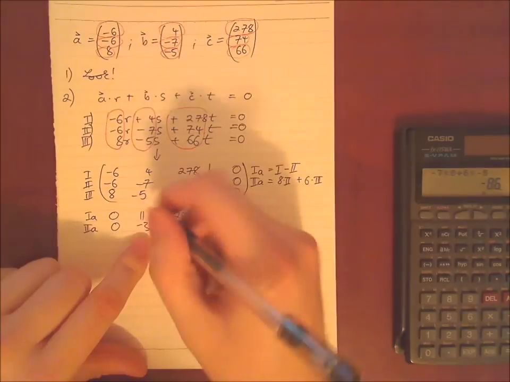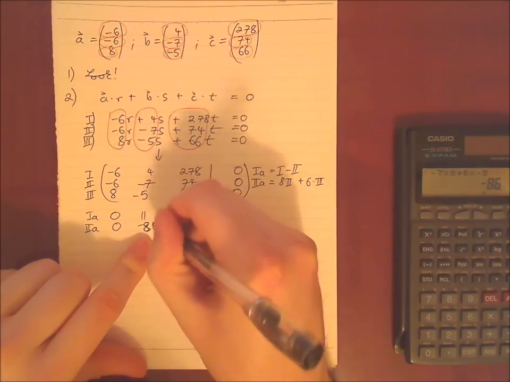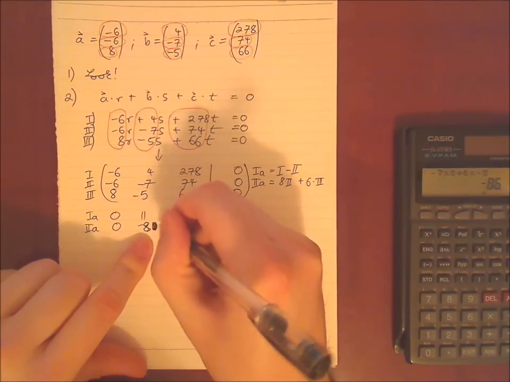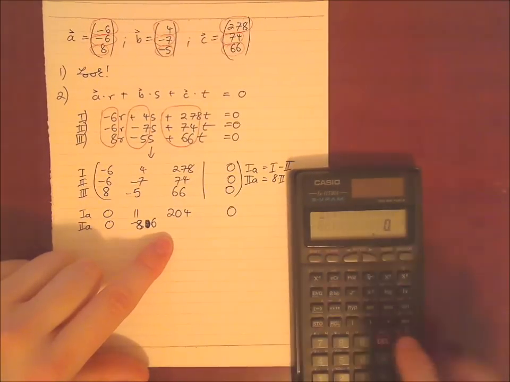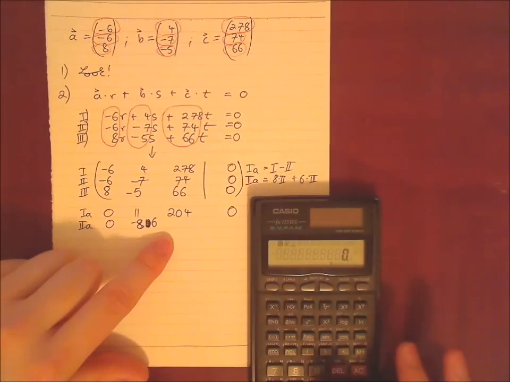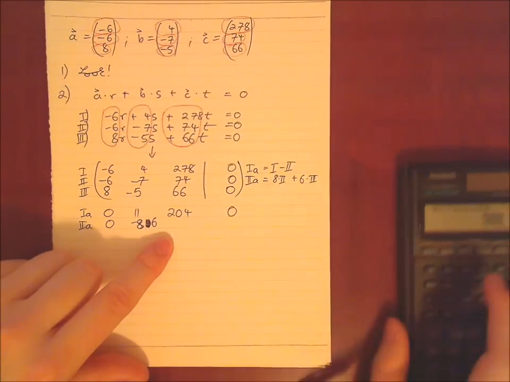Minus 86, my mistake. 86. Then we have 8 times 74 plus 6 times 66, where we end up with 988.